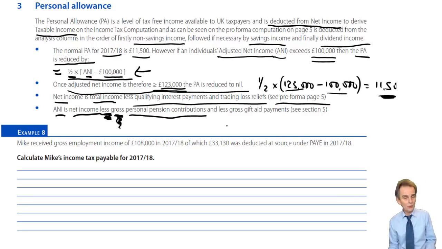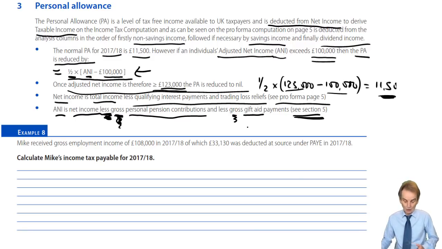What the individual may also pay out during the year, the individual may be generous and therefore make gifts to charity. And if the individual makes gifts under the so-called gift aid scheme, again, this is in section 5 of this chapter, so we'll see it very soon, then any such gross gift aid payments reduce our net income down to our adjusted net income.